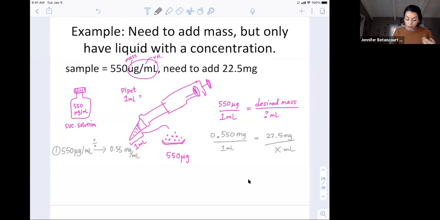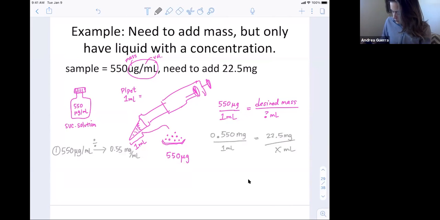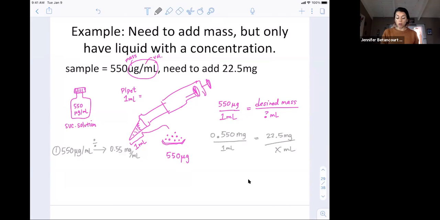So Andrea said the first thing she did was convert. So granted, she converted the wrong way, but it doesn't matter. Her approach was correct. She knew she needed to convert because she saw that the concentration was in micrograms, but the mass that she needed was in milligrams. So you would take 550 micrograms, and you know that if you needed to display it in terms of milligrams, you would divide by 1,000.